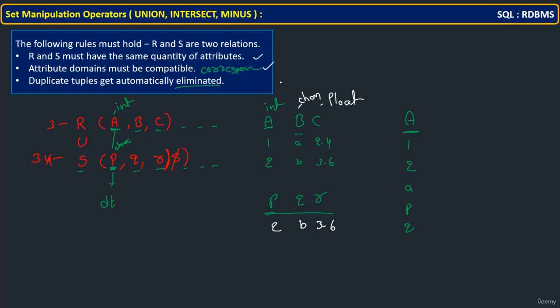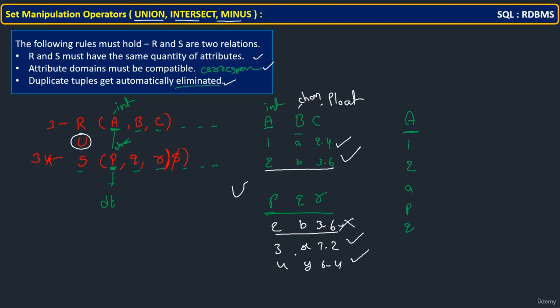And the third one: for example, 3, x, 7.2, and 4, y, 6.4. Now when you combine these two, that may be union, intersection, or minus. But ultimately, if you go for the union, this record and this record are already there, so duplicates are automatically eliminated. This is especially in the case of union.